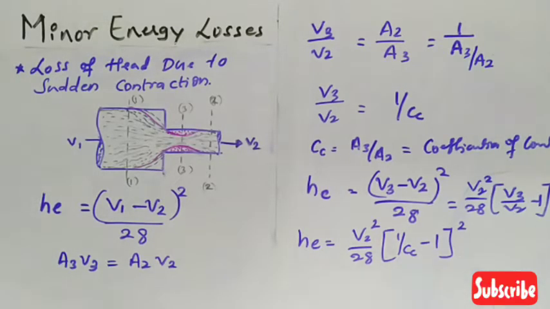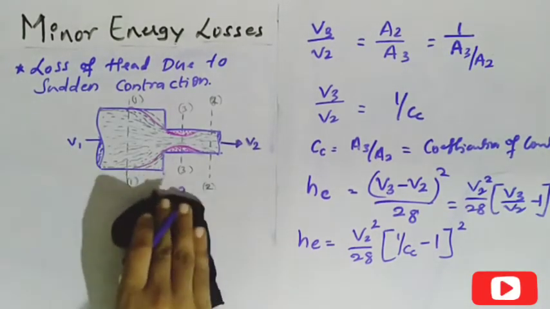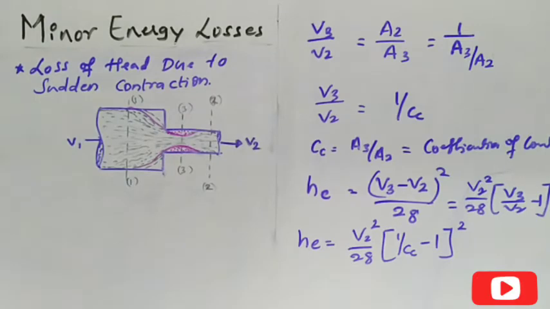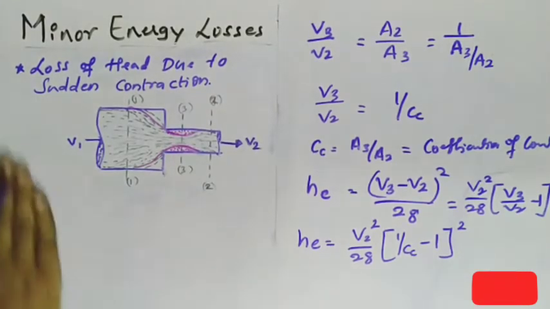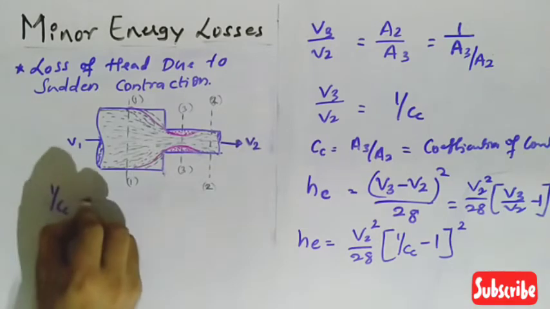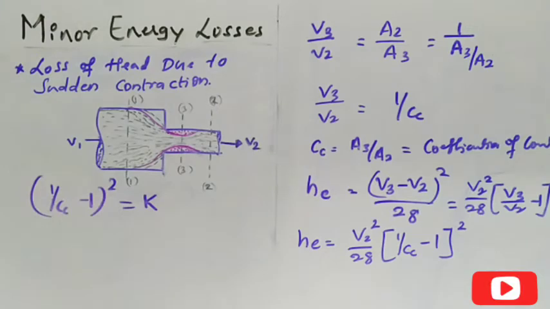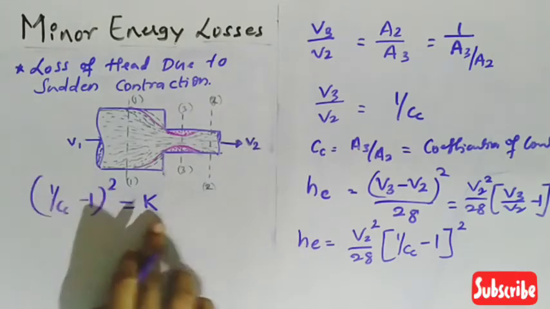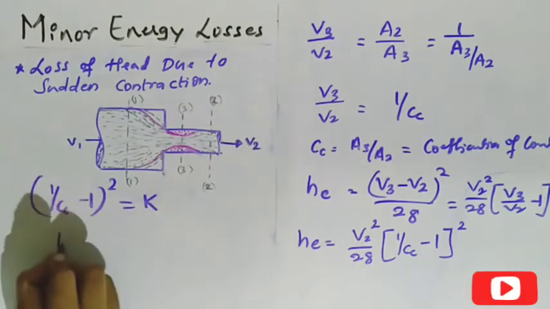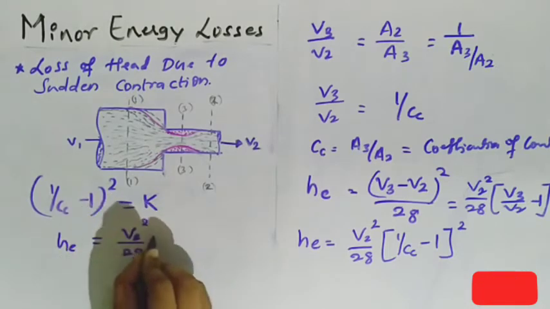Now this (1 by Cc minus 1) whole square will be equal to K. So HE will be equal to K V2 square divided by 2g.